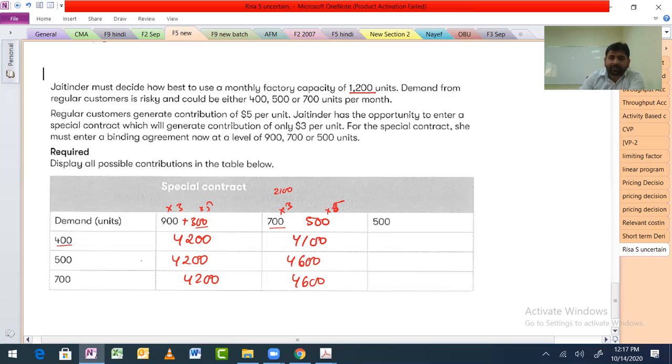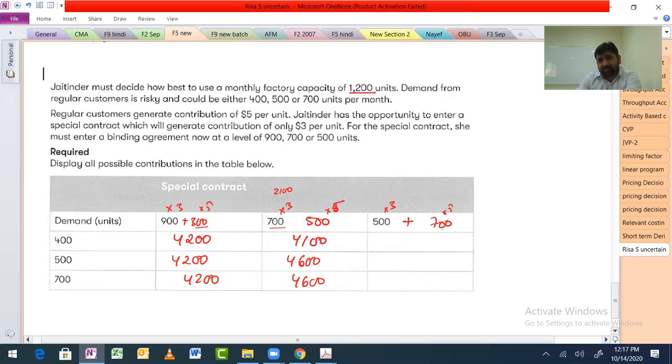Are we fine with that? Yes, sir. Okay. So if you do the contract for 500, then you are left with 700 units. Correct? So that is this one. Let's do the maths for this. You will be getting 3 from here and 5 from here.